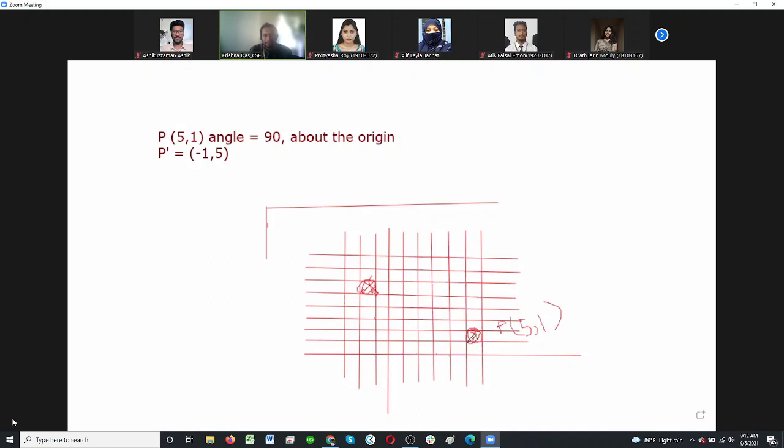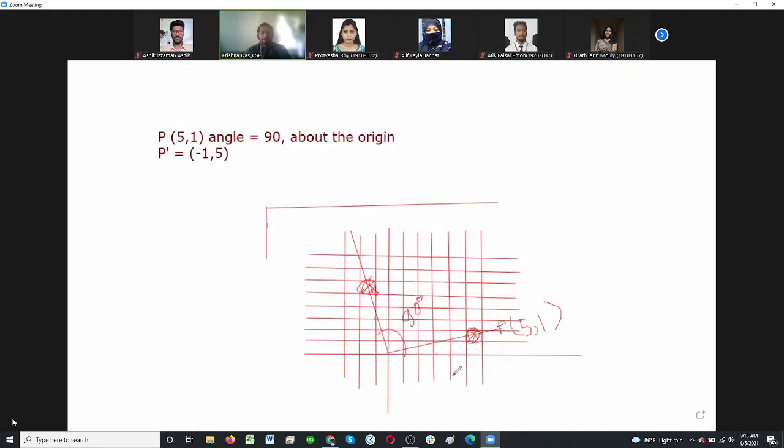That is also fine, and that would be better, because whenever we want to check whether it is 90 degrees or not, if you just draw the line from the origin to that point, here now you can check, and you will find that this is the 90 degree rotation that has been done.